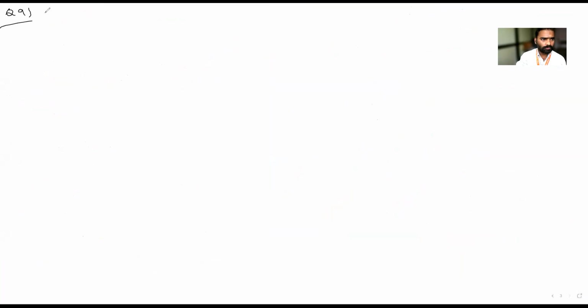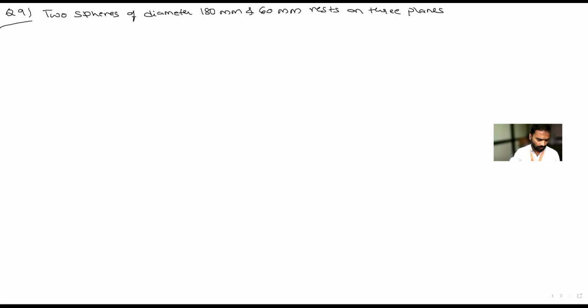Two spheres of diameter 180 mm and 60 mm rest on three planes as shown in the figure.